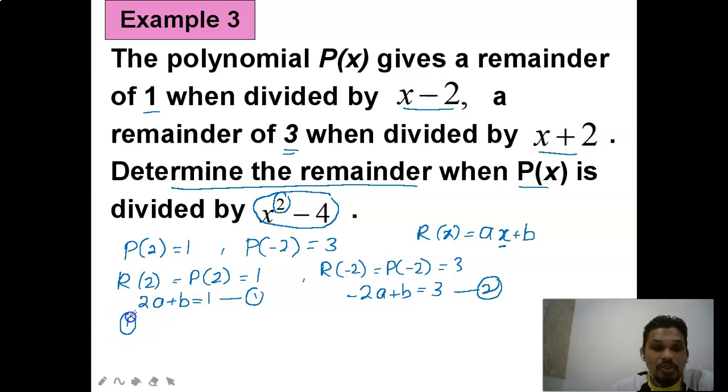Looking at both equations, we have b and b, so I'm going to eliminate b. Equation 1 minus equation 2: 2a plus b equals 1 and negative 2a plus b equals 3. Then b minus b equals 0.